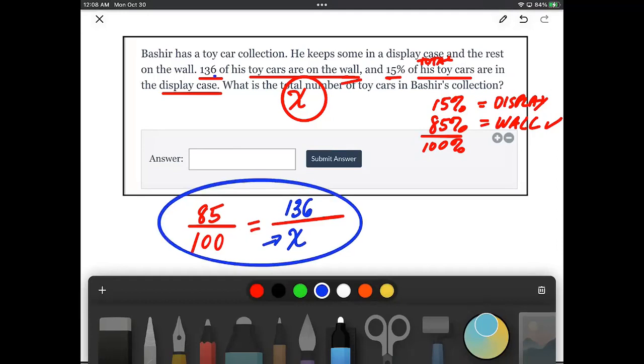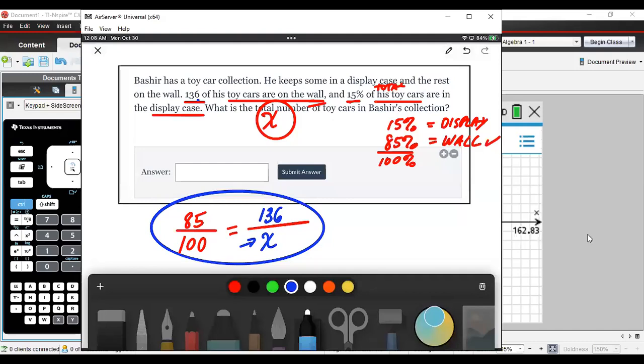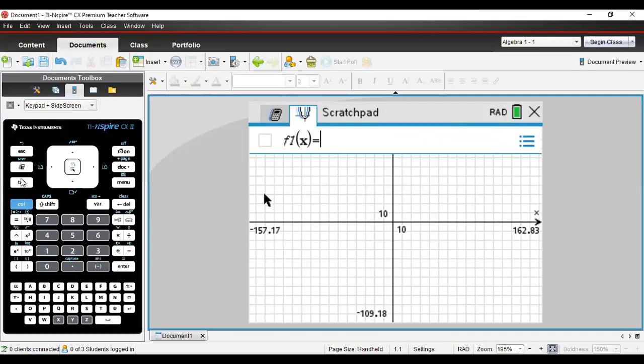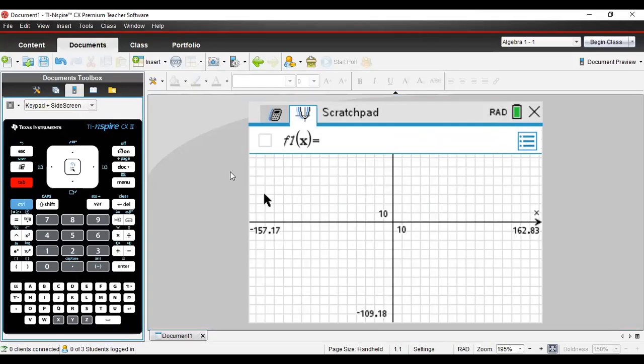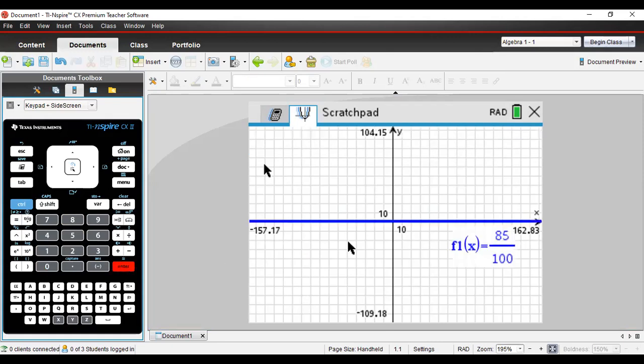Now we have to solve it. So this will be the calculator part. So let's get the graph. So press tab, it's already set. We're going to do 85 over 100. Press enter. Boom, there it is.